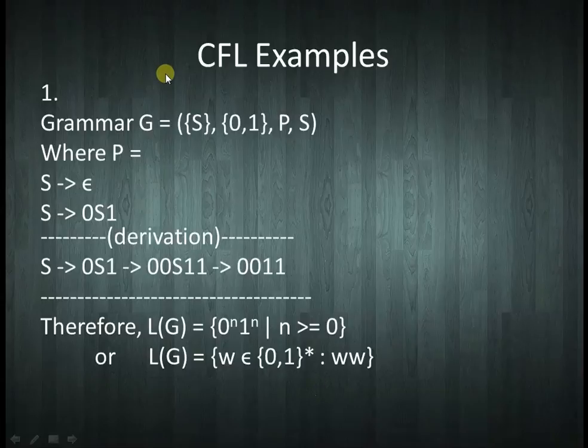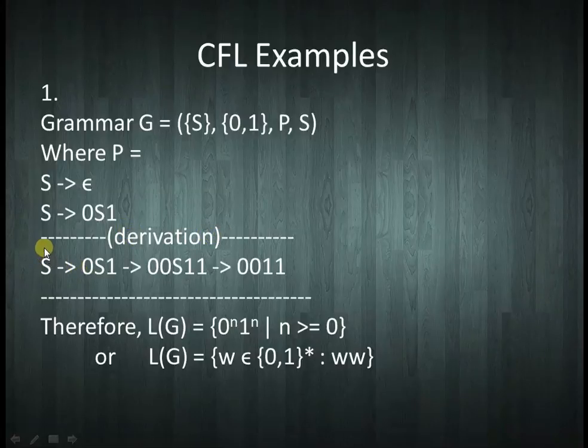Let's have some examples. Example number 1. Given grammar G with variable S, terminals 0 and 1, production P, start symbol S, where P is S produces an empty string and S produces 0S1. Again, let's have a simple derivation.